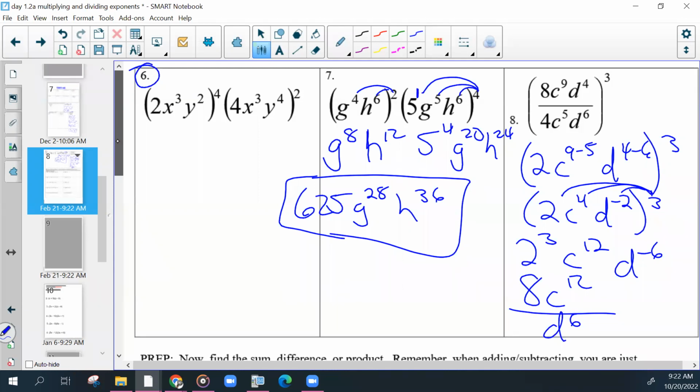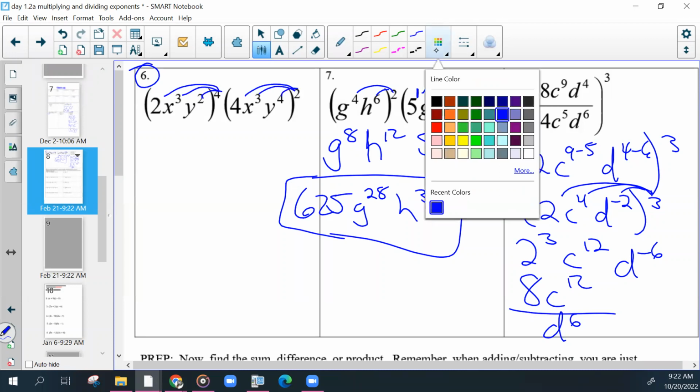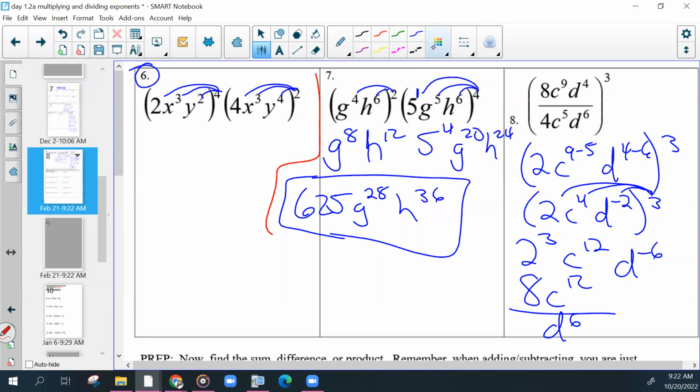So with 6, same process, multiply all of your exponents together. You have 2 to the 4th, x to the 12th, y to the 8th, 4 squared, x to the 6th, y to the 8th.